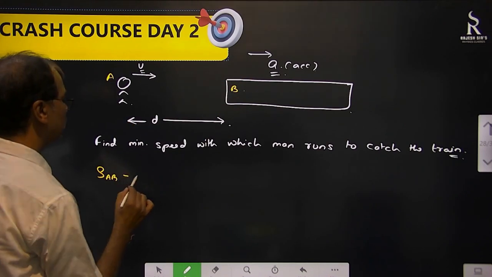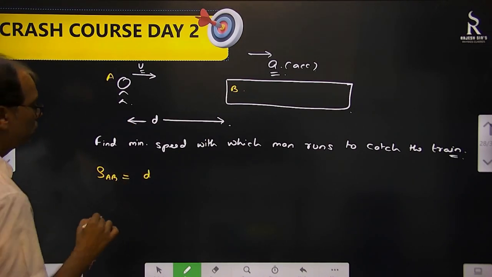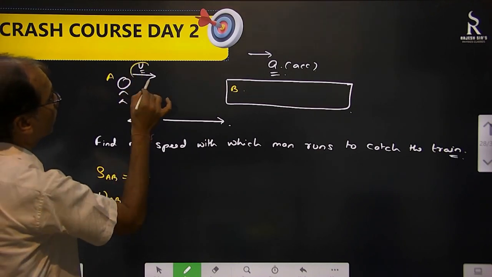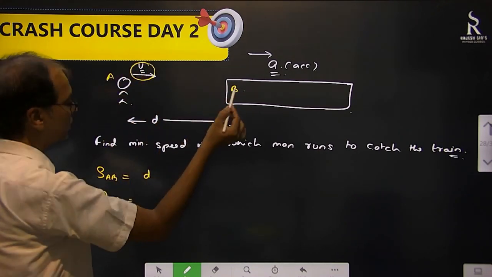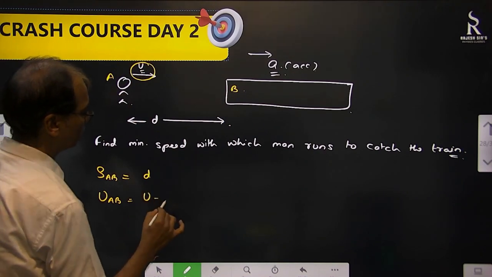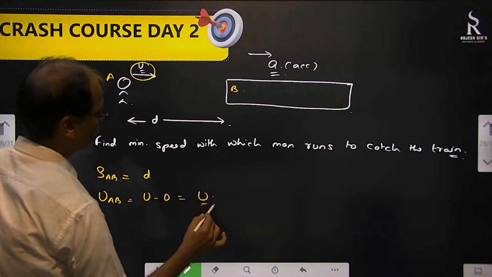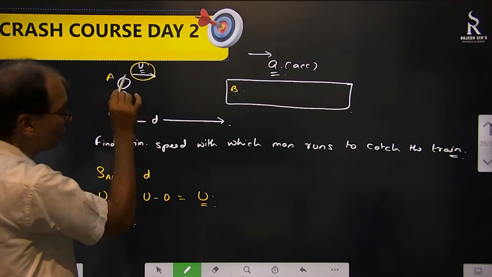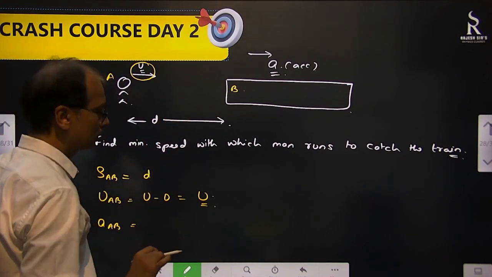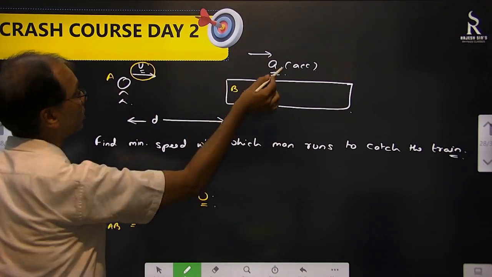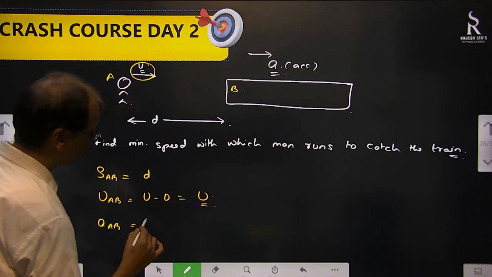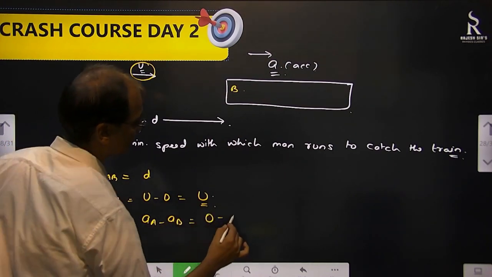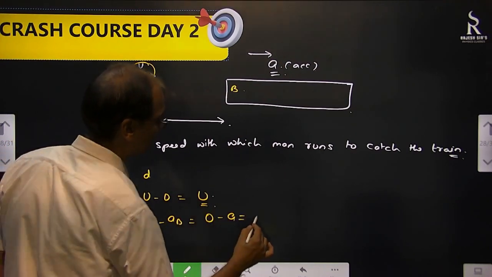D. SAB is D. UAB: I have told that the man will be running with U, and the train's initial speed is 0, so U minus 0, that is U. Acceleration of A with respect to B: acceleration of A is 0 because the man runs with that speed only, and the train's acceleration is a. So acceleration of A minus acceleration of B is 0 minus a. That means there's going to be retardation. Okay, let it be.